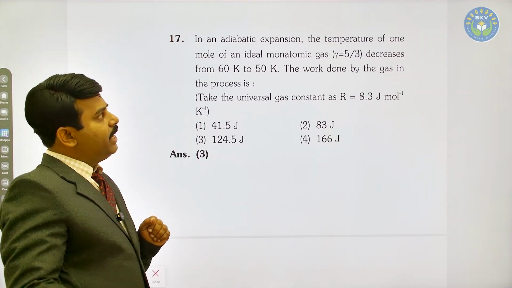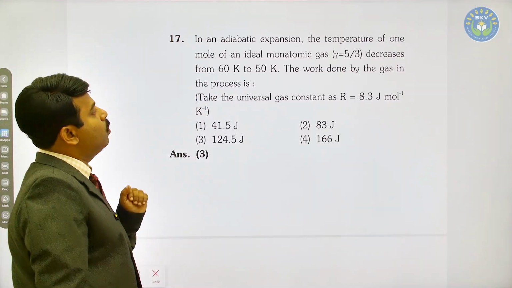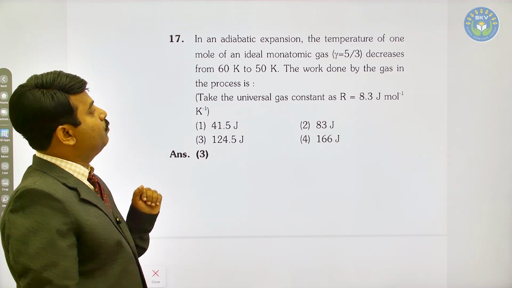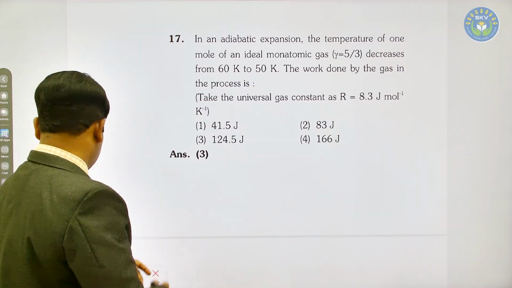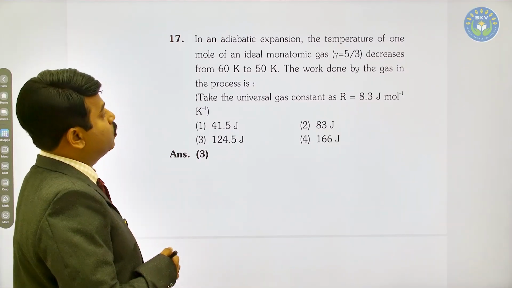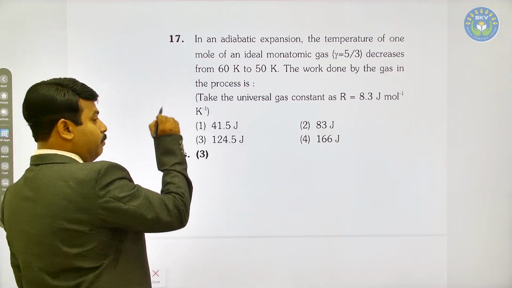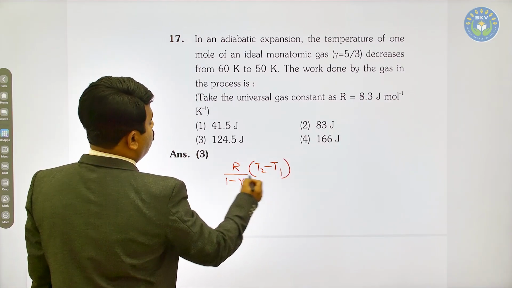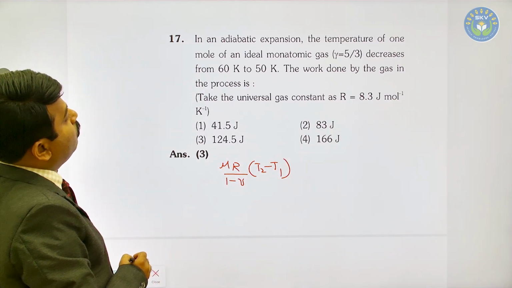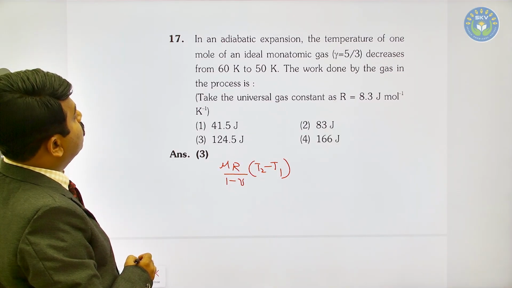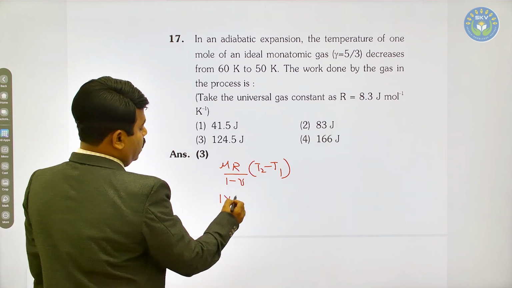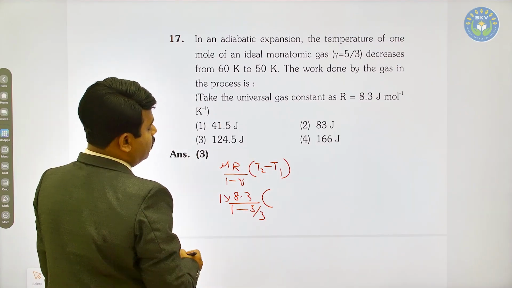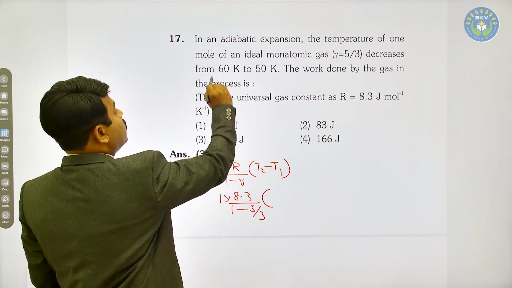Question number 17. In an adiabatic expansion, the temperature of 1 mole of an ideal monatomic gas, gamma equal to 5 by 3, decreases from 60 K to 50 K. The work done by the gas in the process is, in an adiabatic process, R by 1 minus gamma into T2 minus T1, for n moles multiply by n. Here it is 1 mole, so 1 into 8.3 into 1 minus gamma, given as 5 by 3, into T2 minus T1, that is 50 minus 60, that is minus 10.